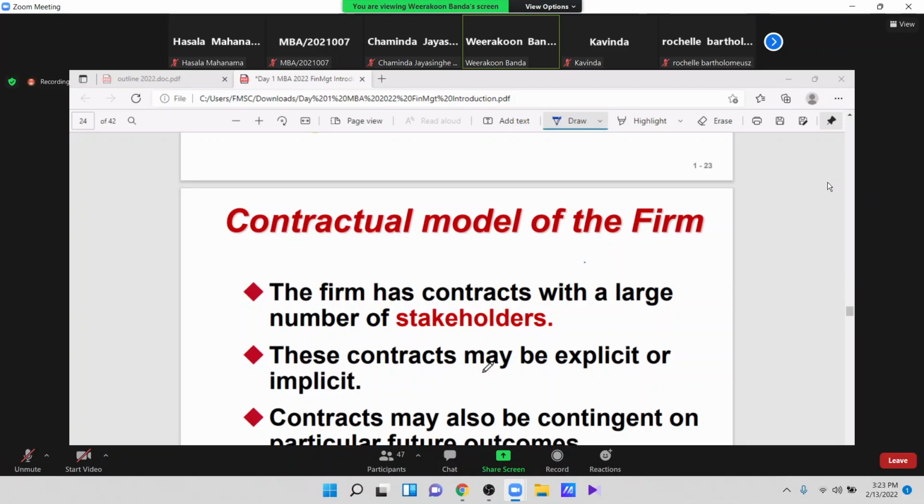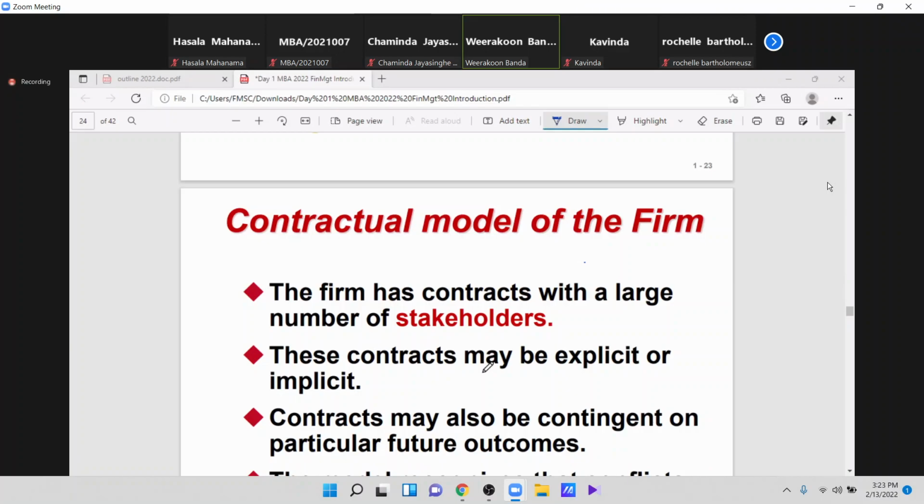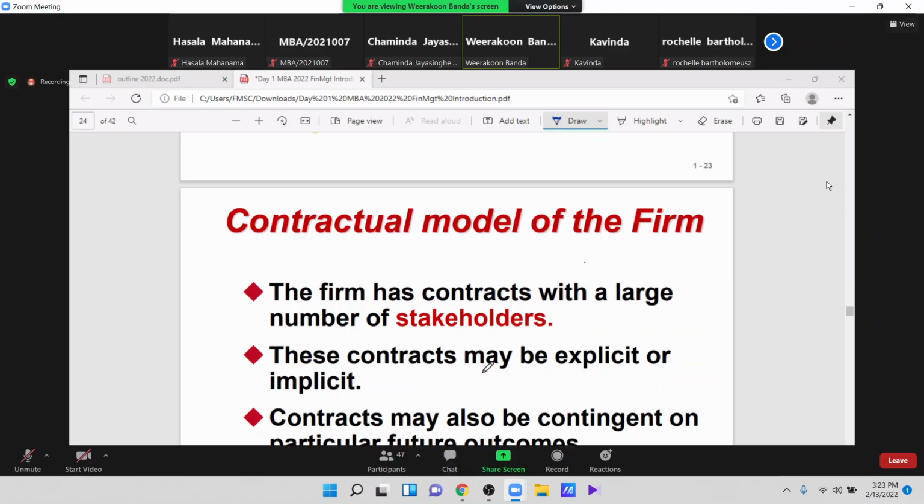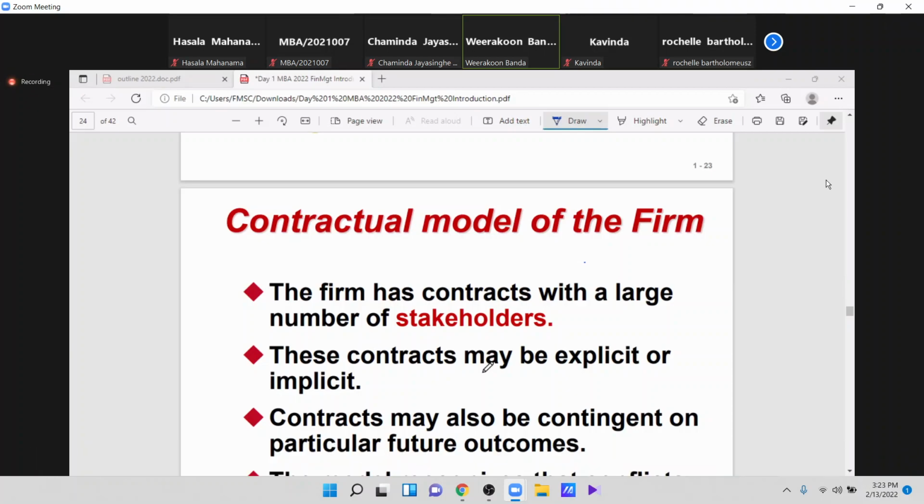We have to properly engage the production facility processes likewise. So it has some particular standard practices. So here we call that the contractual model of the company. With different people, we have different contracts. So we have to properly maintain that.